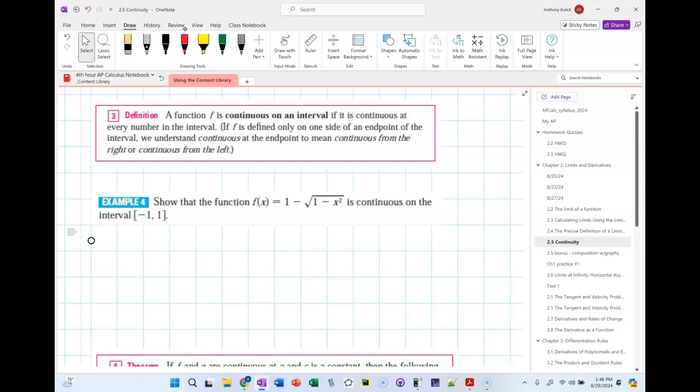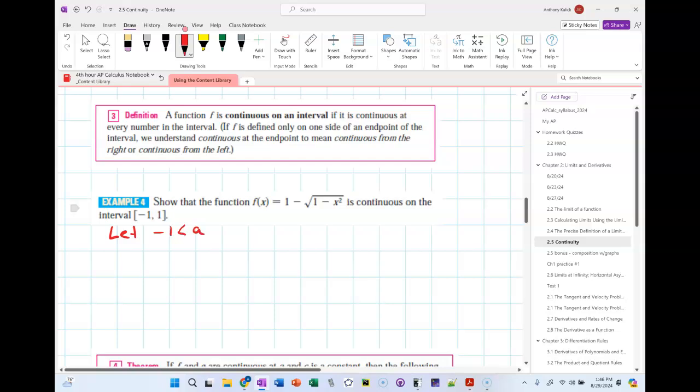It's infinitely many, right? You have negative 0.9999, negative 0.99998, you get it, right? We have all the decimals in there. There's infinitely many. Mr. Kulik, how are you going to check continuity for infinitely many points? Well, here's what I'm going to do.